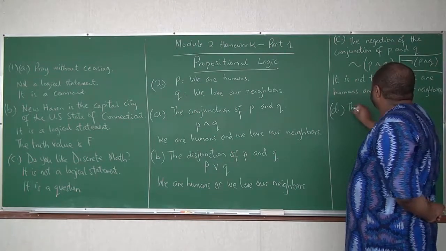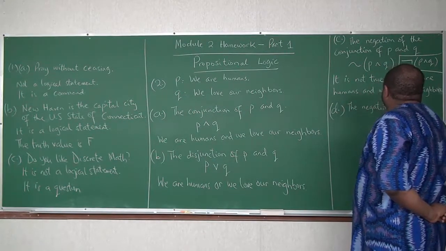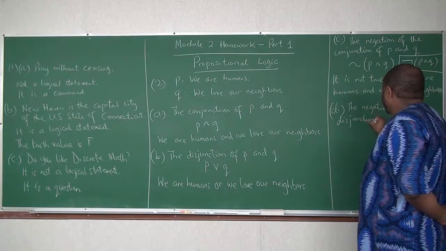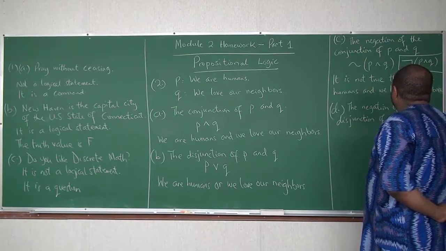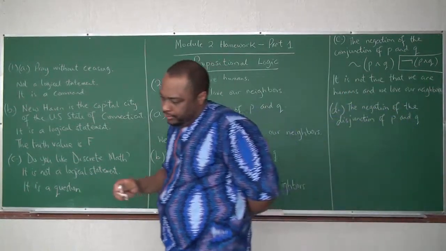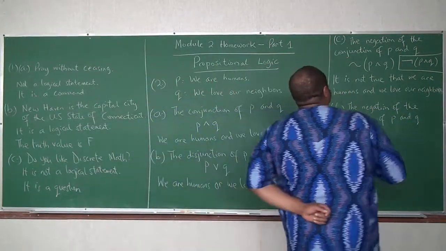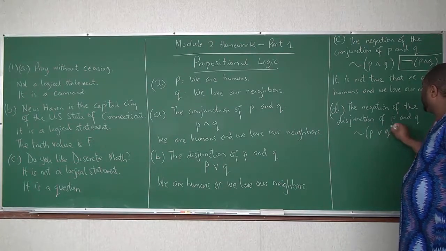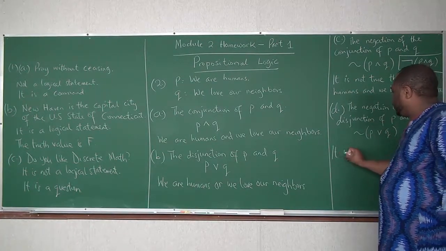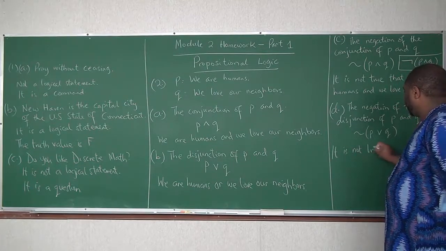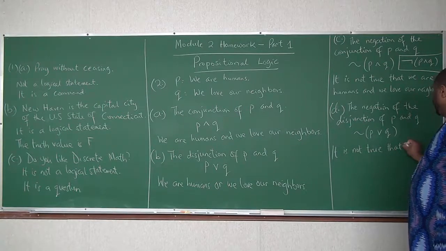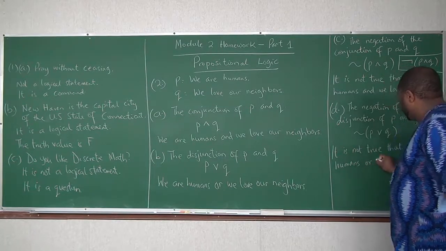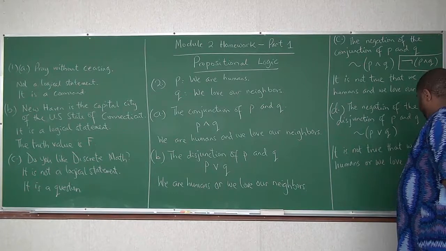So the negation of the disjunction of P and Q. The symbolic logic will be tilde sign P or Q. And you will write, it is not true, you can also write, it is false, that we are humans or we love our neighbors.